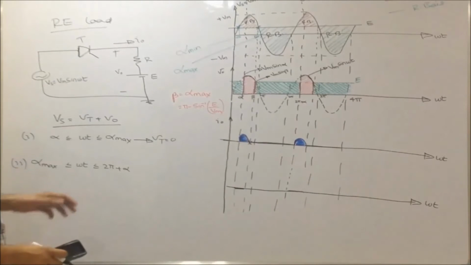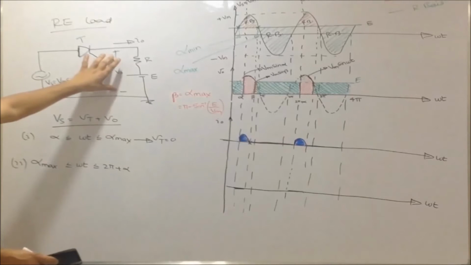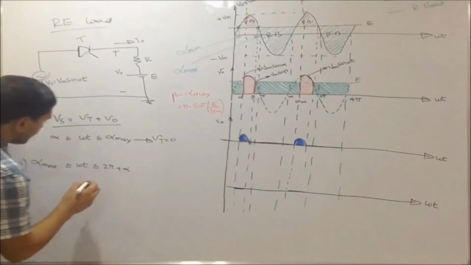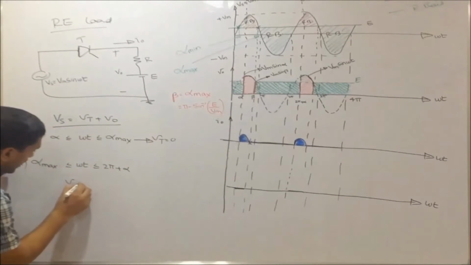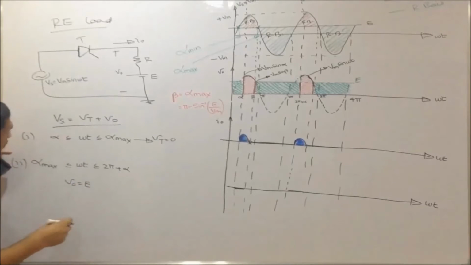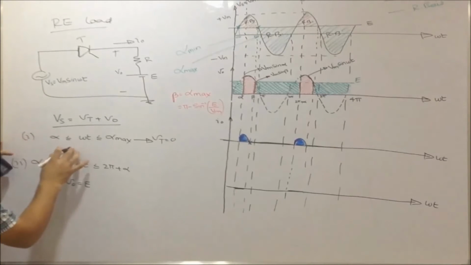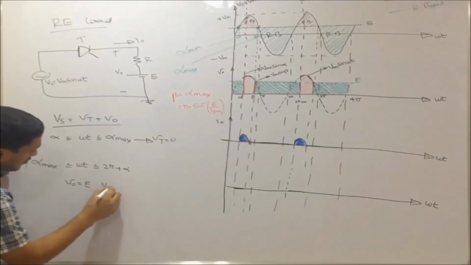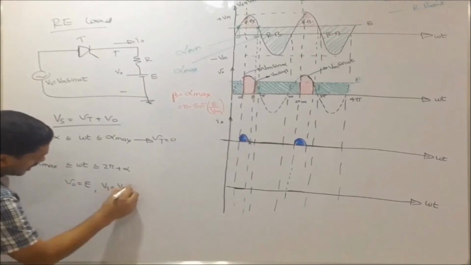Here I have V naught equal to E. Vs is Vm into sin omega t.